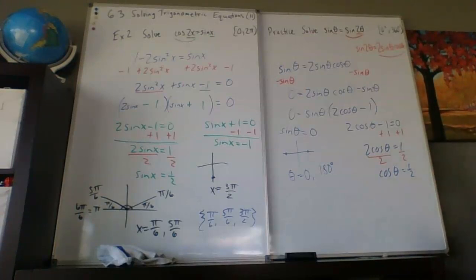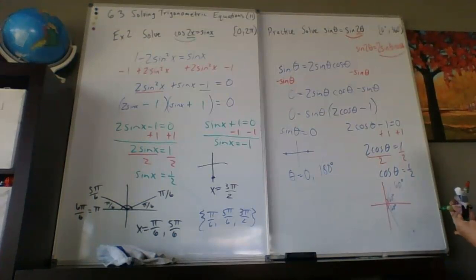Cosine of theta is positive in quadrants 1 and 4. And if the cosine is 1/2, this is going to be a 30, 60, or 90, but the x value has to be smaller. So that's going to be 30-degree or 60-degree reference angles. So in quadrant 1, we get theta equals 60 degrees.